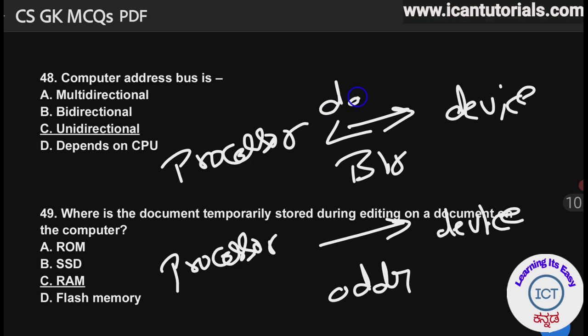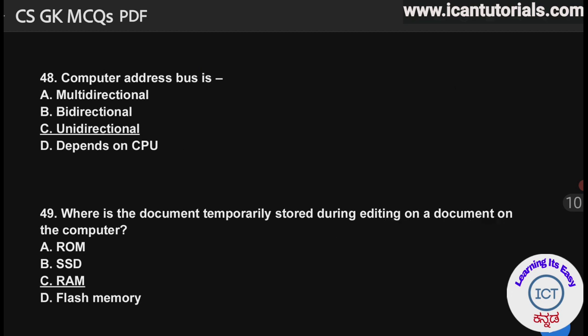The data bus transfers data bidirectionally, in both ways, but the address bus transfers the address only in one direction. It is like instructions being sent from the principal to the student, not from the student to the principal, but data exchange takes place between the principal and the student.